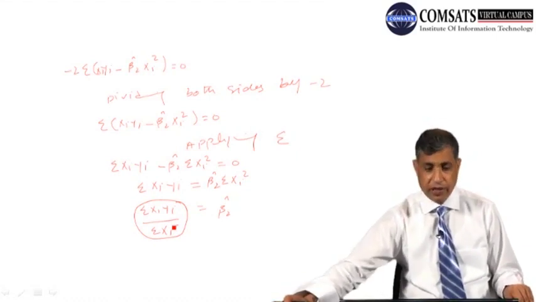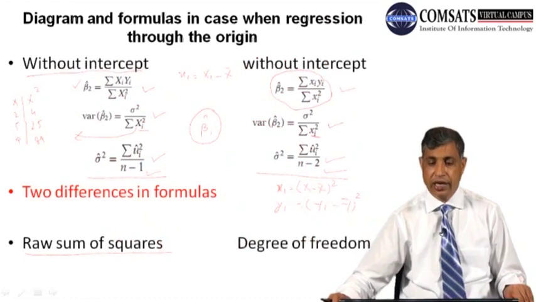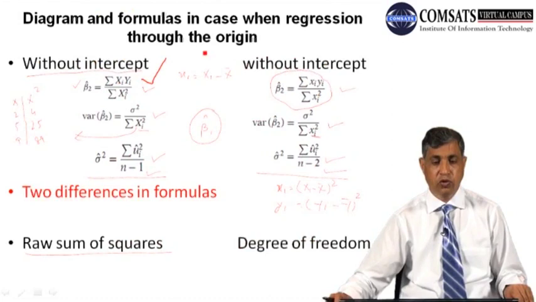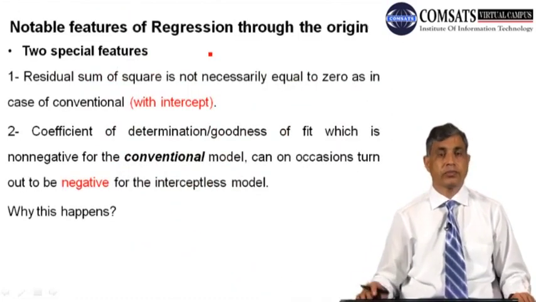So this is the formula for beta 2 hat. If you look at this summation xi yi, you can see this is the formula. So we have derived the formula for beta 2 hat.